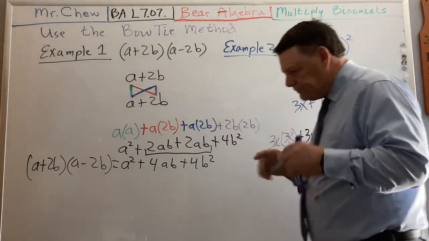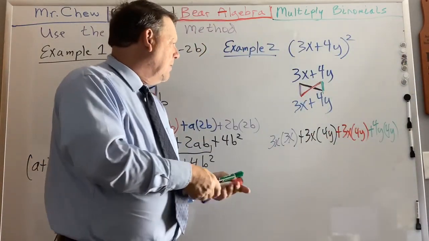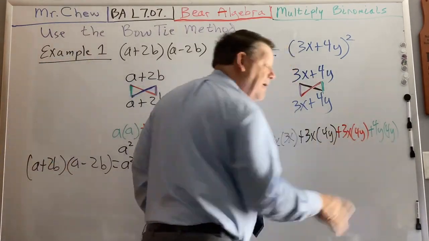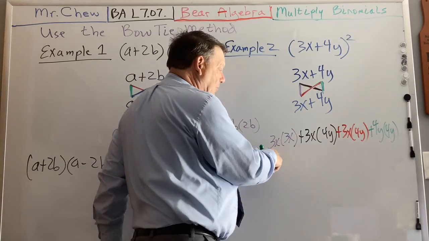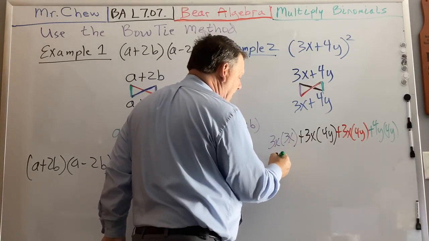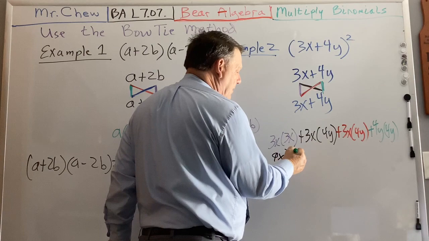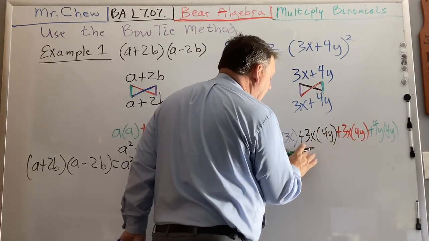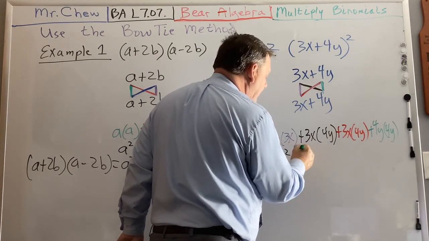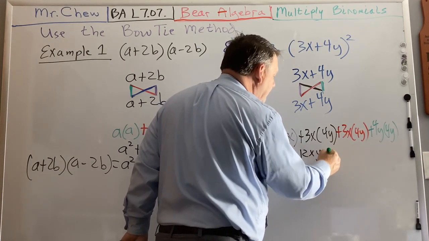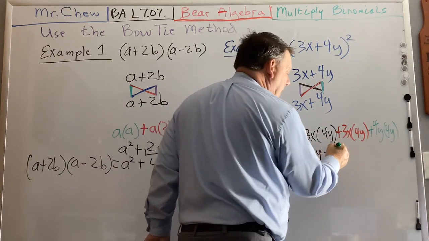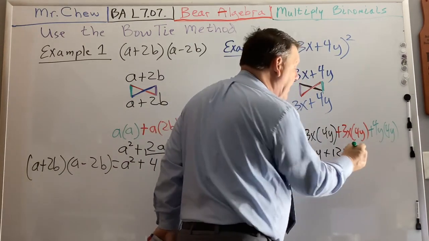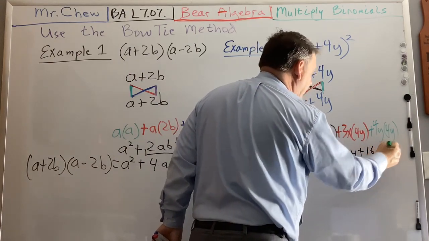All right. So now what do we do? Well, all we have to do now is multiply each double term and then combine any like terms. So 3x times 3x is 9x squared. 3x times 4y is 12xy. 3x times 4y is 12xy. 4y times 4y is 16y squared.